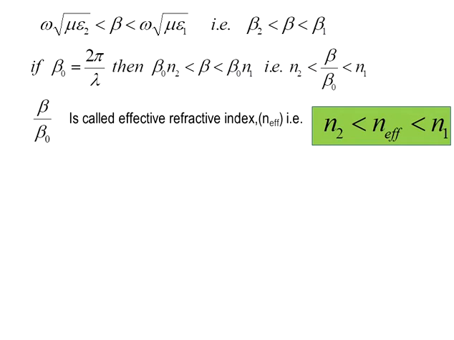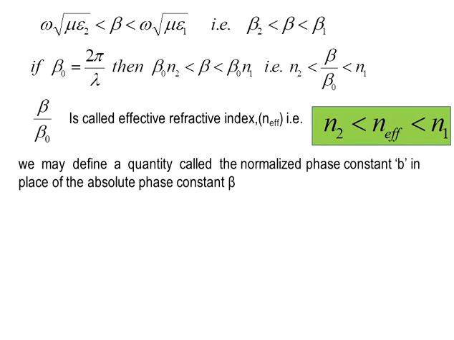Now there is one more parameter that we can define, which is called the normalized phase constant, denoted by small b, instead of defining the absolute phase constant beta. This b is given by beta square minus beta 2 square divided by beta 1 square minus beta 2 square.